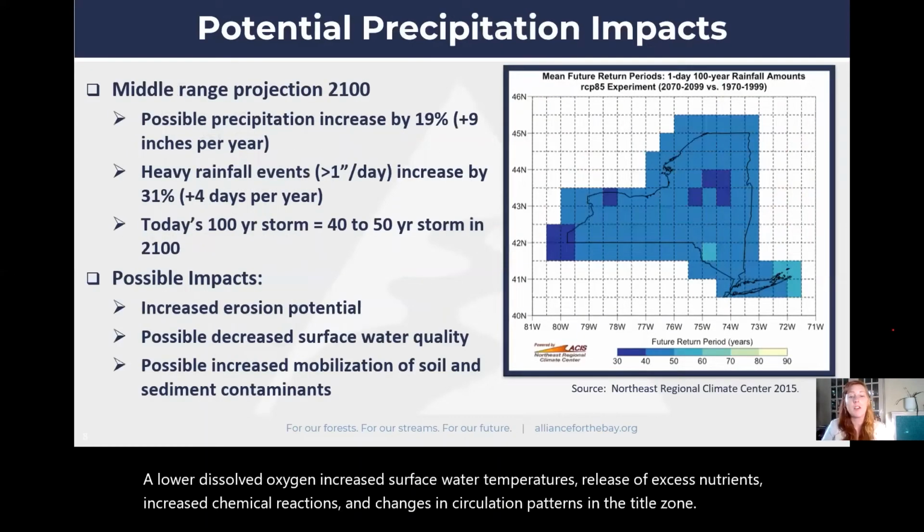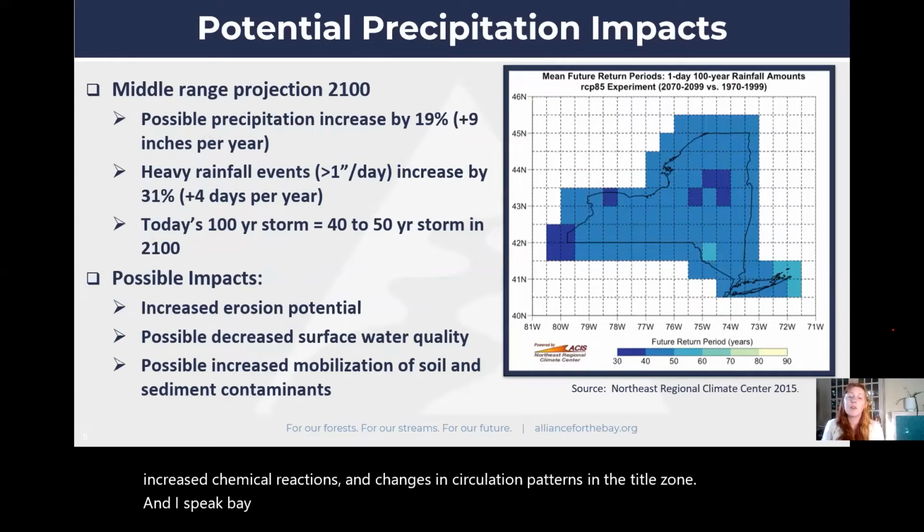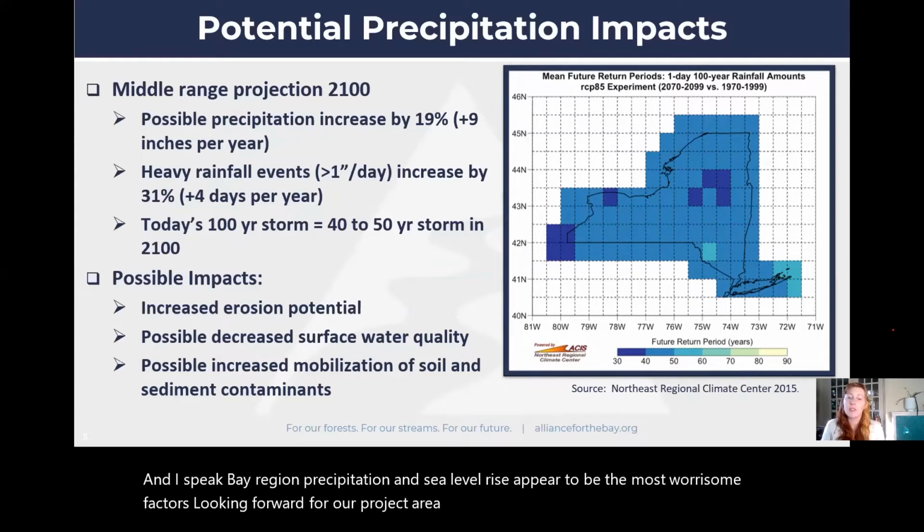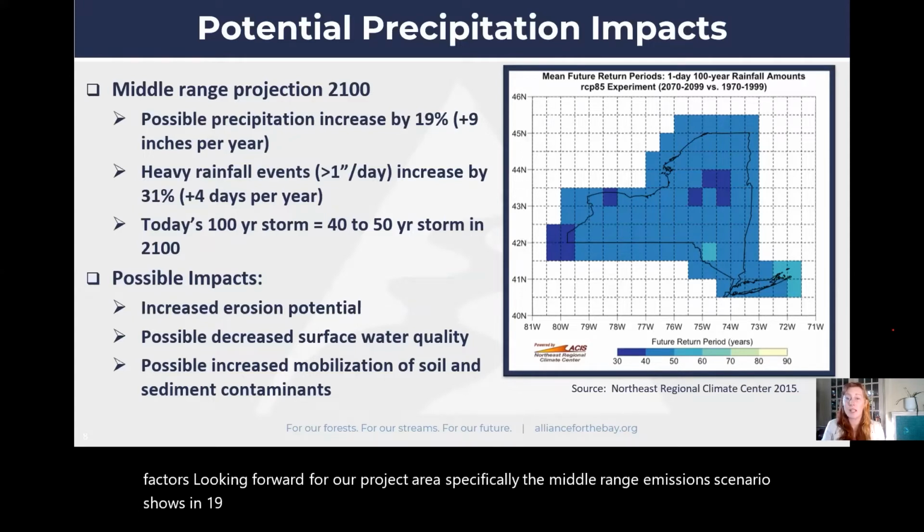In the Chesapeake Bay region, precipitation and sea level rise appear to be the most worrisome factors looking forward. For our project area specifically, the middle range emission scenario shows a 19% increase in precipitation by the year 2100. Heavy rainfall events greater than 1 inch per day are modeled at a 31% increase.